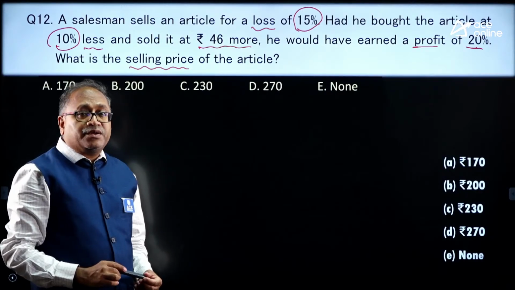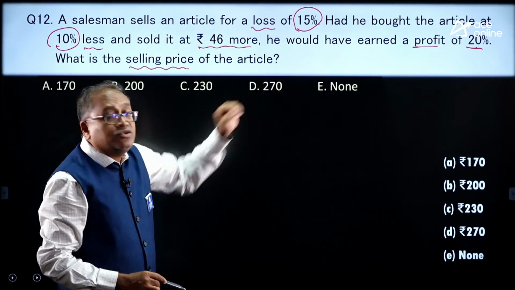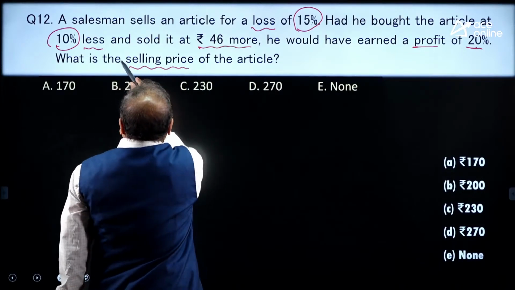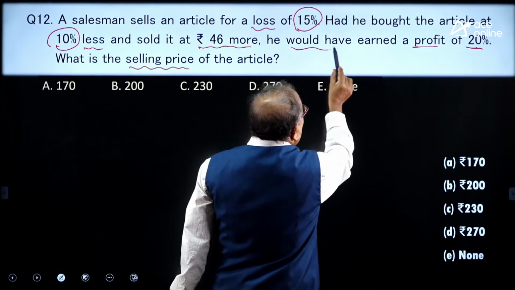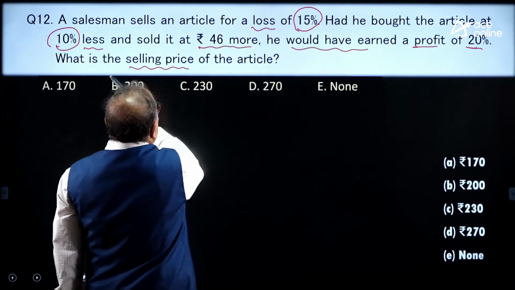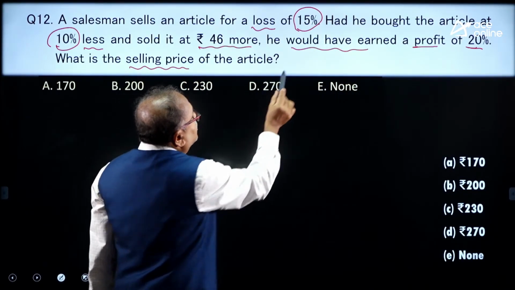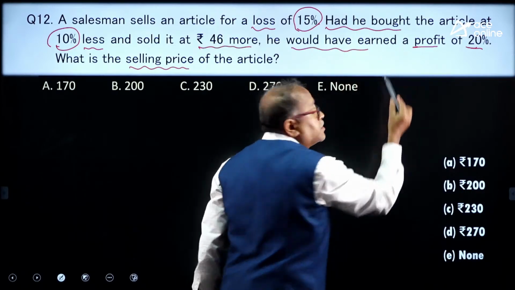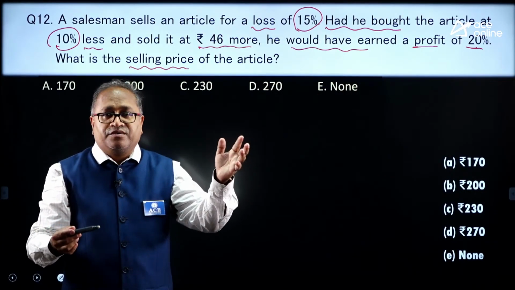What is SP? So, I have to find out the previous SP or the new SP. Here it is said that if he had bought, he would have earned a profit. He did not buy.